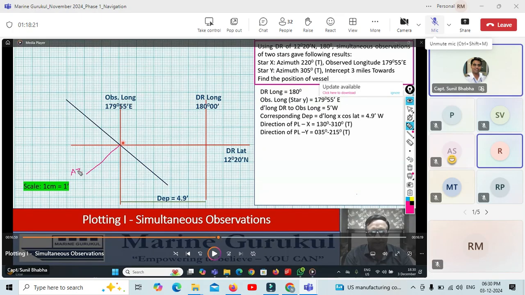If you do not want to make it, it is perfectly all right, because you have shown the direction here. Direction of the PL is already calculated here. So you can directly plot it in this direction. Okay. But if it makes you comfortable, you can show the azimuth here also. There is no problem at all. Here it is. Okay, beta, clear?